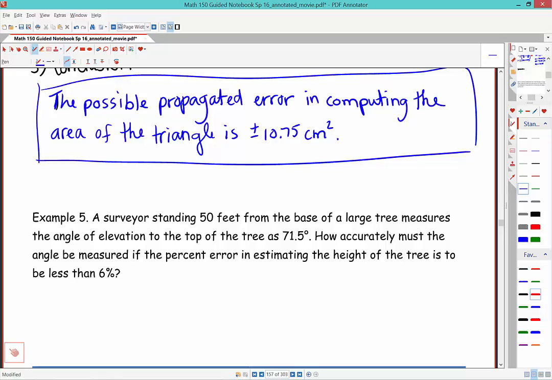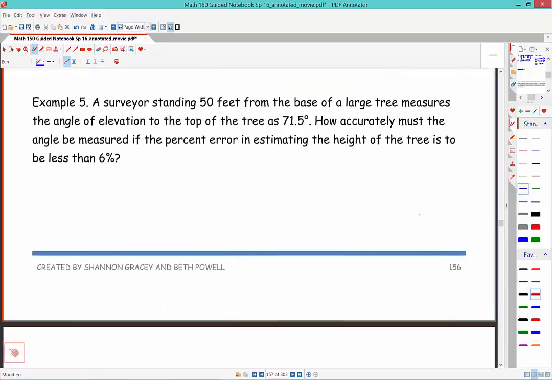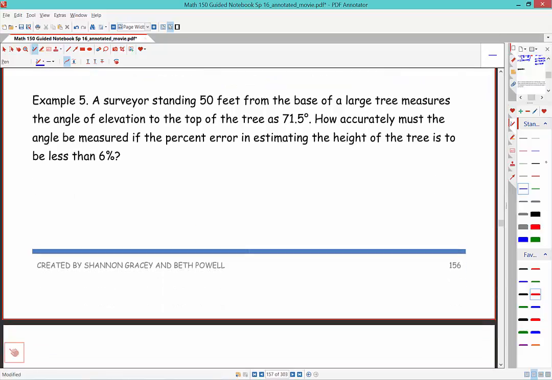Okay, so now let's take a look at this next example. So we have a surveyor. And so again, we'll figure out what's going on. He's standing 50 feet away from the base of this big tree. So we've got our tree.